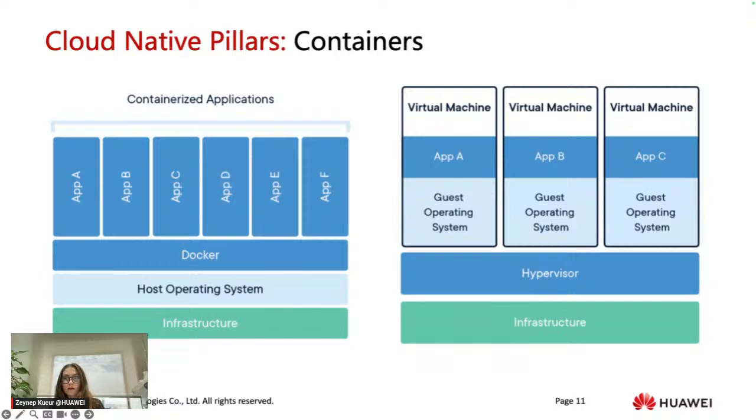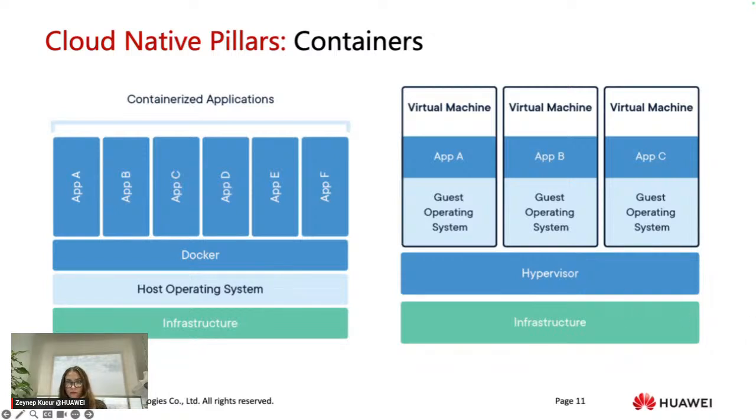Because containers are lightweight, typically only tens of megabytes in size, they take up much less space than virtual machines and operating systems. If we compare to virtual machines, they are a way to abstract physical hardware. There's a hypervisor, which enables the virtualization, so multiple VMs can run on a single physical machine.